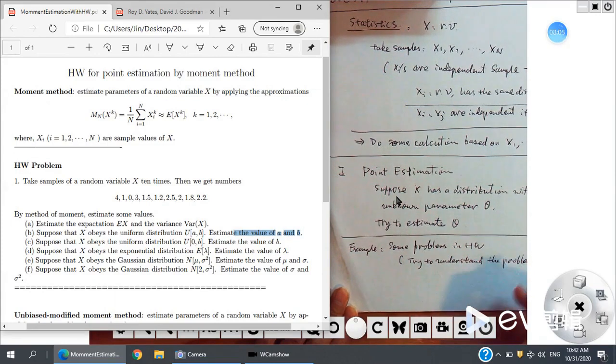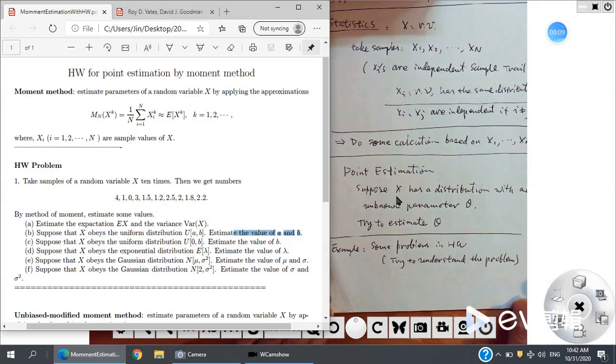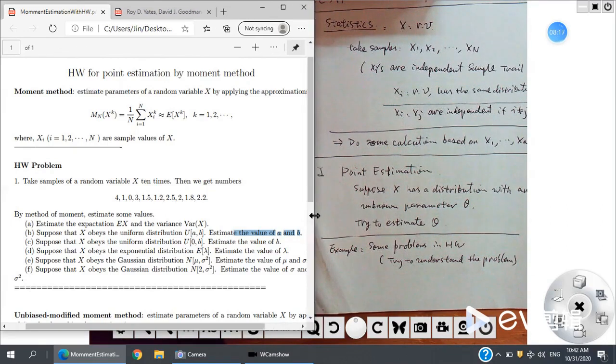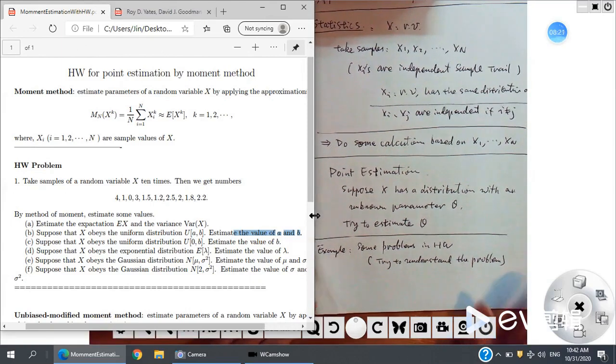Right? What is the problem? Yeah. In statistics, in most cases, understanding the problem is also part of the problem. You need to understand the problem first, then try to solve it. All right. So here you should know what the problem is. Okay. The problem is X has a distribution, but in the distribution you have some unknown parameter. Try to determine the parameter.